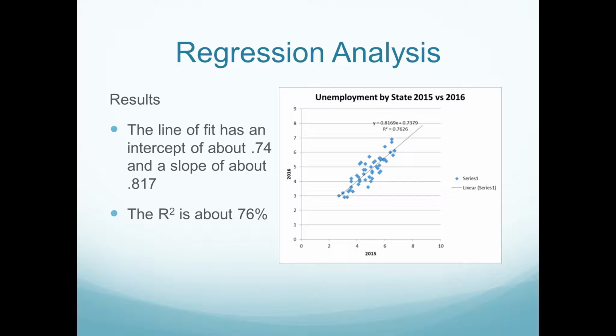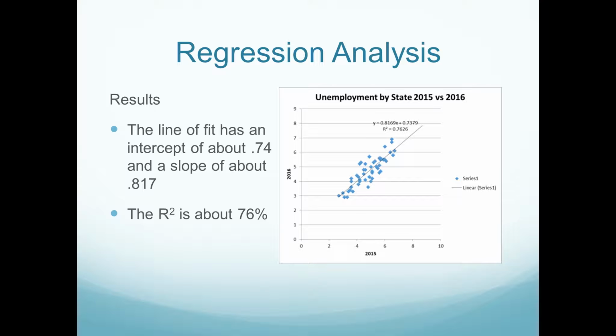And if we look at the data in 2015 that is at the low end of unemployment rates, there's maybe more improvement in those unemployment rates. And so having a slope of 1 would mean that the unemployment rates sort of improved evenly across all the states. What this slope suggests is that the improvement was maybe a little uneven.